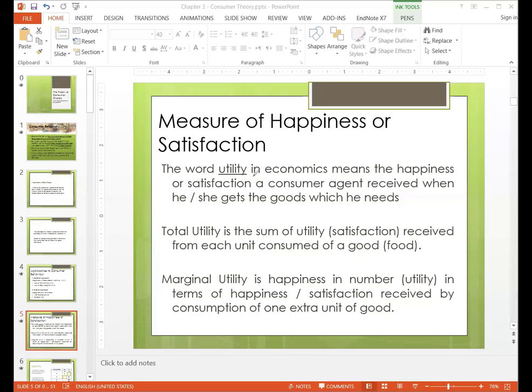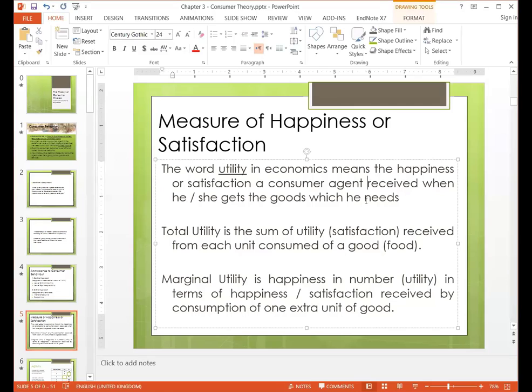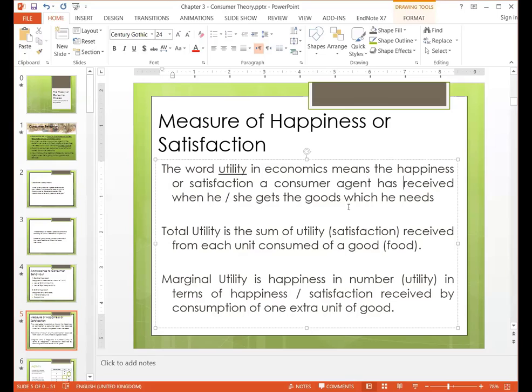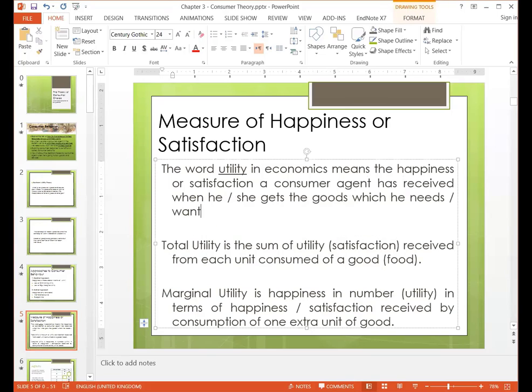So the word utility in economics means the happiness or satisfaction that a consumer agent has received when he or she gets the goods which he needs or wants.